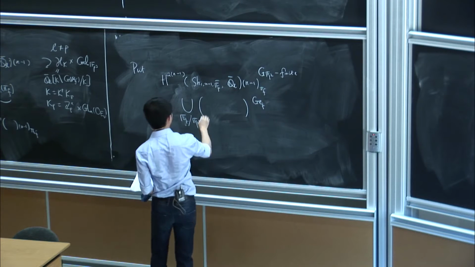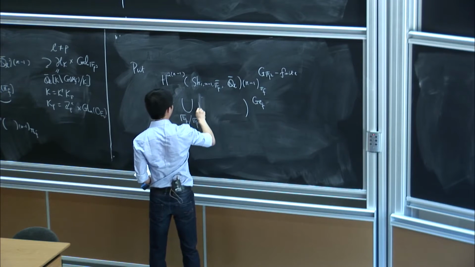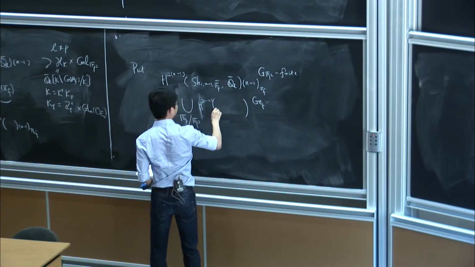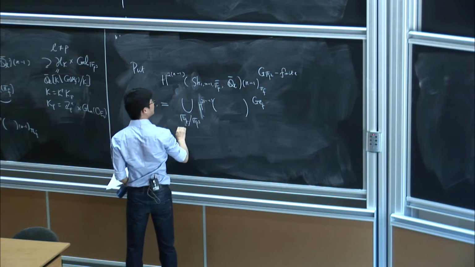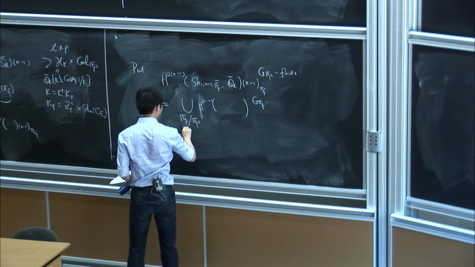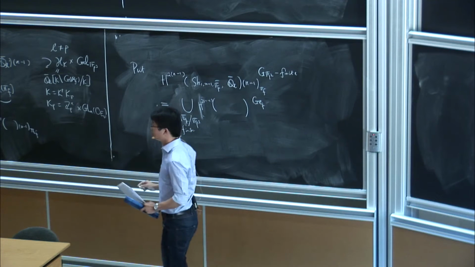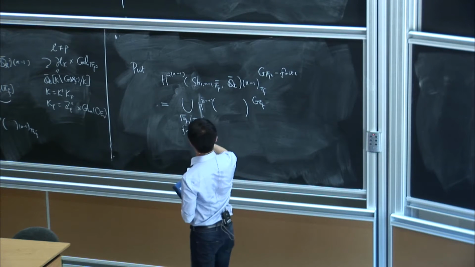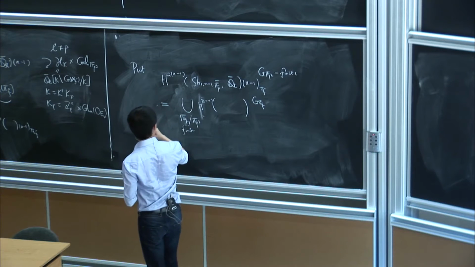Okay, so you put here H^{2n-1} of something, and it runs through all finite extensions. So this is somehow the geometric version of the space of Tate cycles.